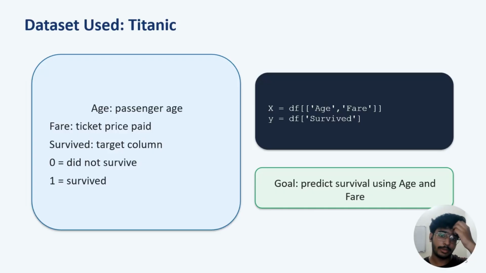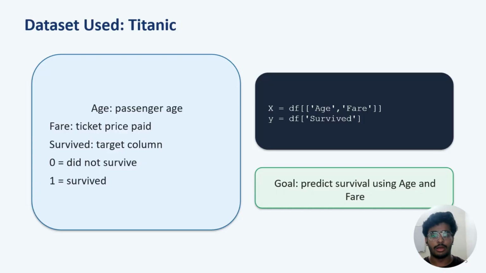In this example, we will mainly focus on three columns: age, fare, and survived. Age means the age of the passenger, fare is the ticket price paid by the passenger, and survived tells whether the passenger survived the Titanic or not. In the survived column, zero means the passenger did not survive and one means the passenger survived. It's simple. Our aim is to predict survival using age and fare.